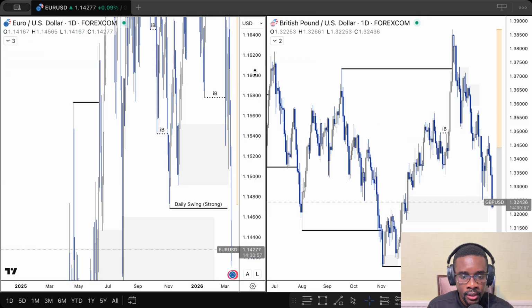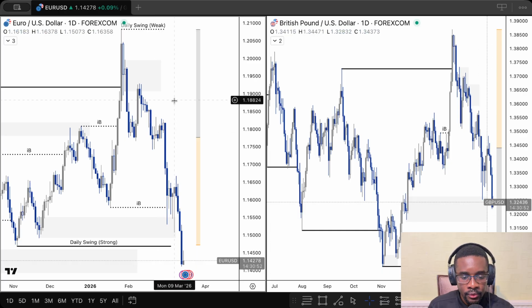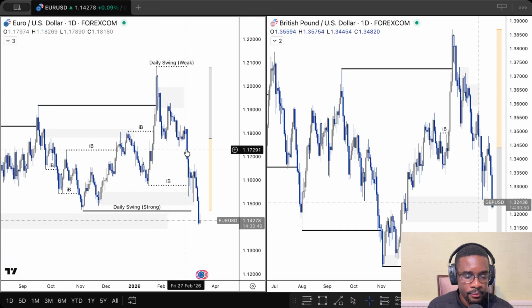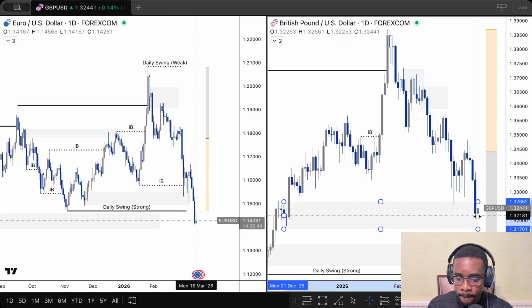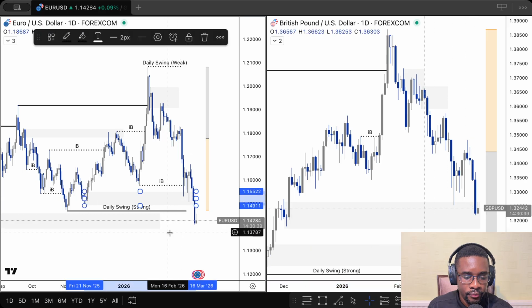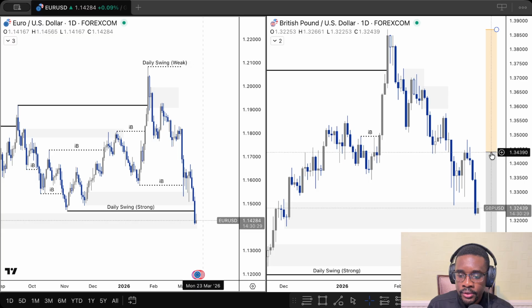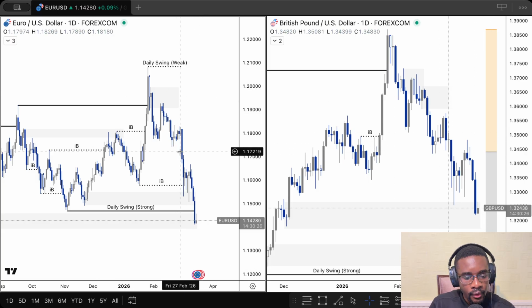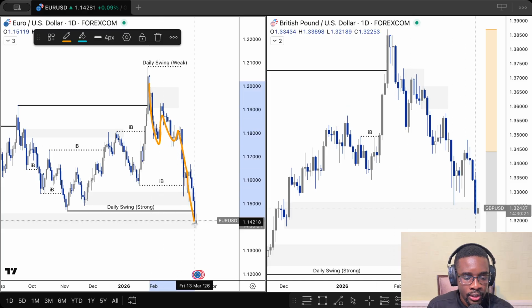So looking at the daily, markets have just been tanking. All right, so this is what we see. On the Euro USD, we've had a trend shift.